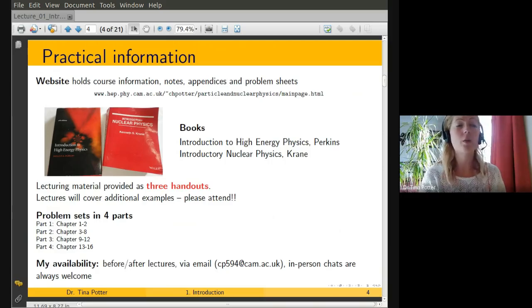We don't have that, but I will book in slots where we can have informal discussions throughout Lent and Easter term that will take place of these before and after lecture chats that we usually have. Also, feel free to send me an email. And then if we need any sort of more in-person chats, we can do that, and we can meet online as well, one-to-one, if you want to discuss everything. So please do get in touch if you have anything that you want to ask about this course.